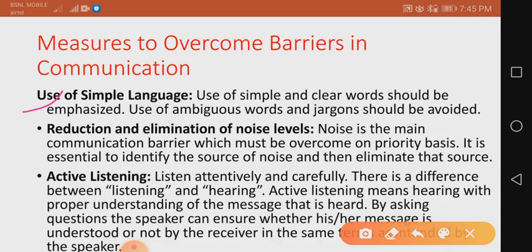If you include ambiguous words or technical words called jargons, then the communication will not go well. Therefore, when you communicate, the language should be simple, so that the receiver can understand it.